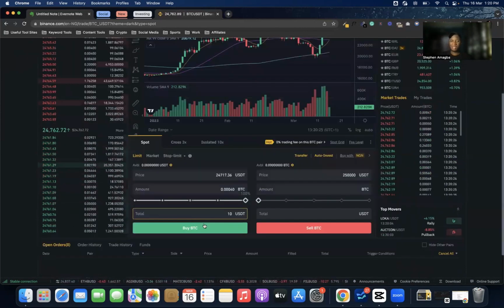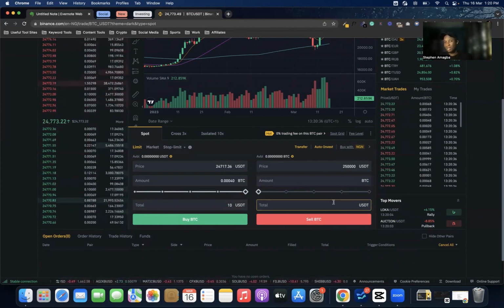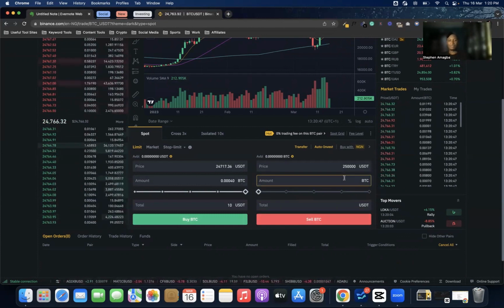So here on this side, it's supposed that you have USDT and you want to trade it for BTC. But here it's supposed that you have the BTC and you want to sell it for USDT. That means here you're getting BTC, here you're getting USDT. So that's basically the difference between the buy and sell type. So input the amount of the BTC you want to sell.